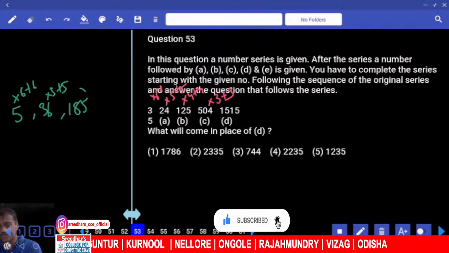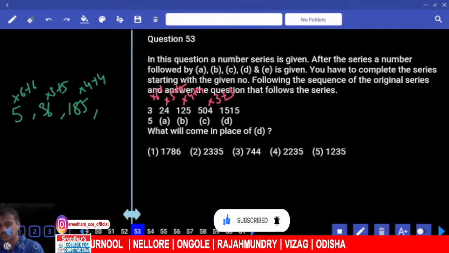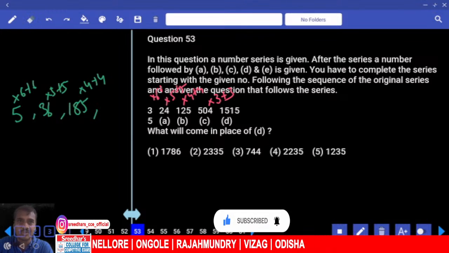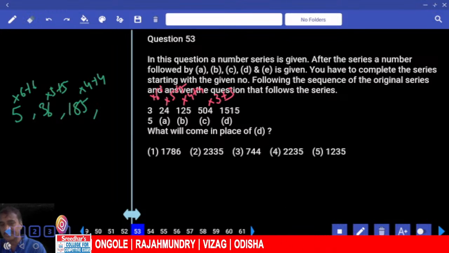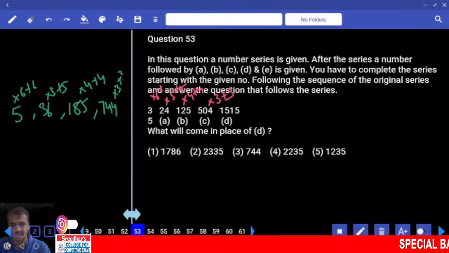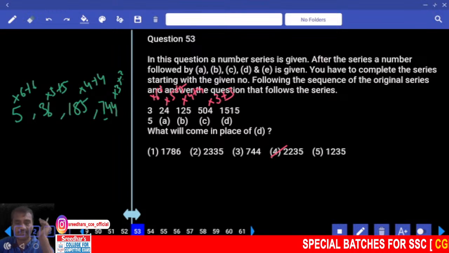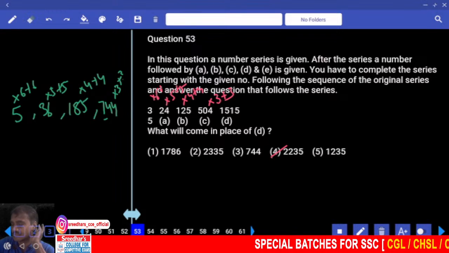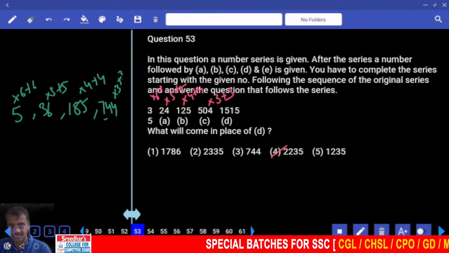And 185 into 4 plus 4: 185 into 4 is 740, plus 4, 744. Now 744 into 3 plus 3, and the last digit is 5. Then what is your answer here? 2235. Then next one, 54.